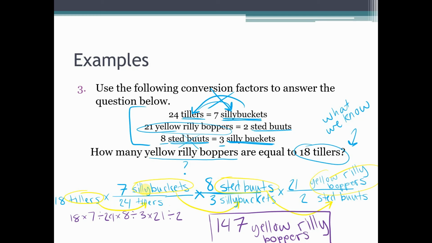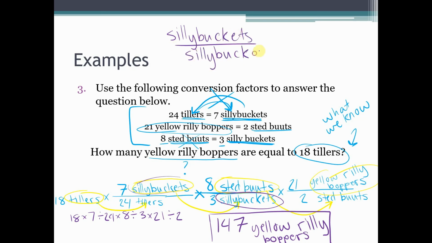So here we have silly buckets on top and we have silly buckets on the bottom. So we essentially have silly buckets over silly buckets. And as we said earlier, anything over itself is just 1. It just cancels out and goes away. So anytime you have a unit in the top and in the bottom of a fraction, so here's silly buckets in top, silly buckets in bottom, they cancel out and go away.